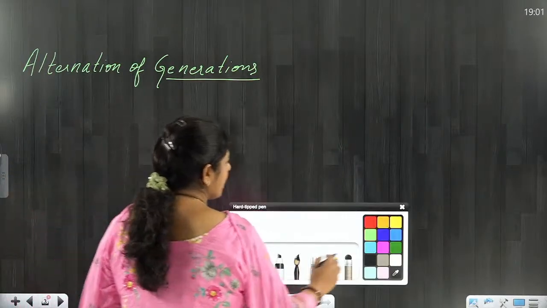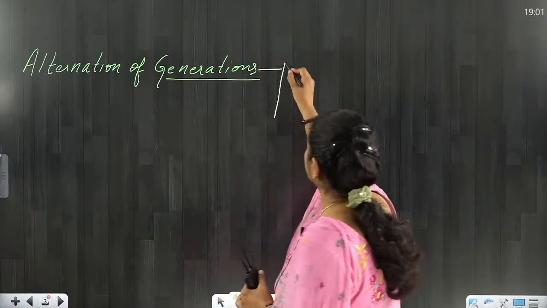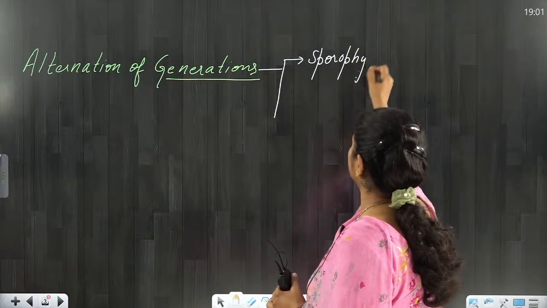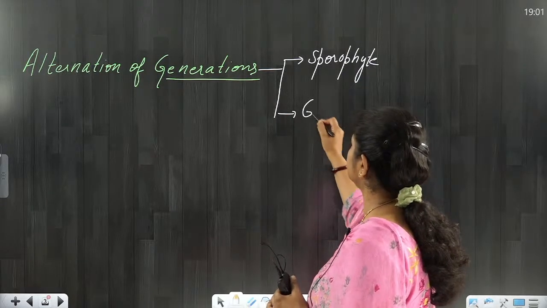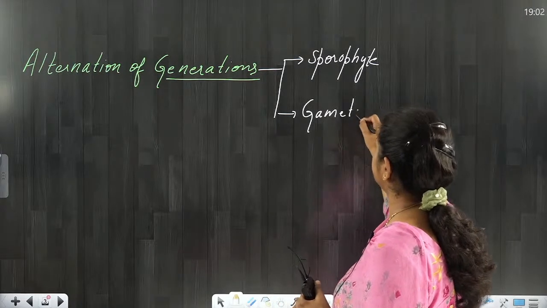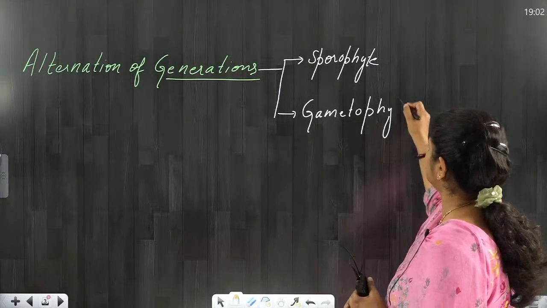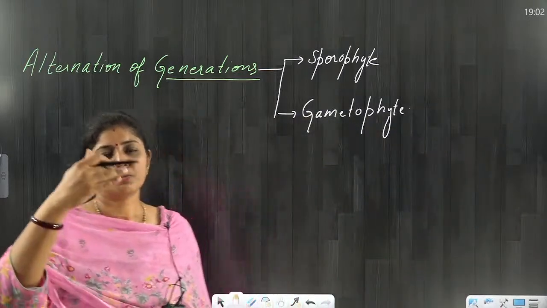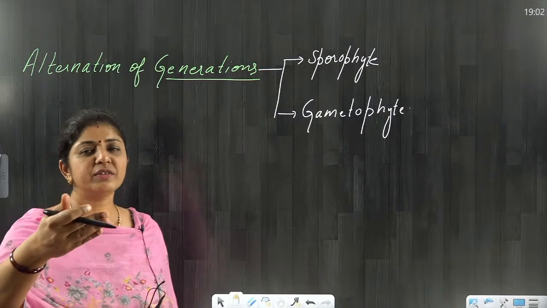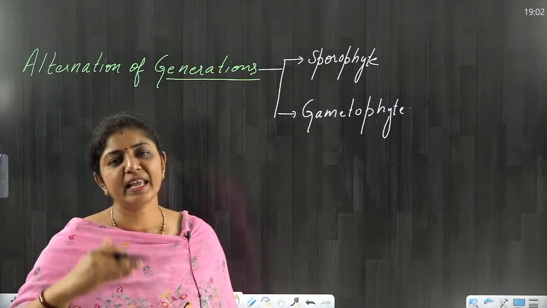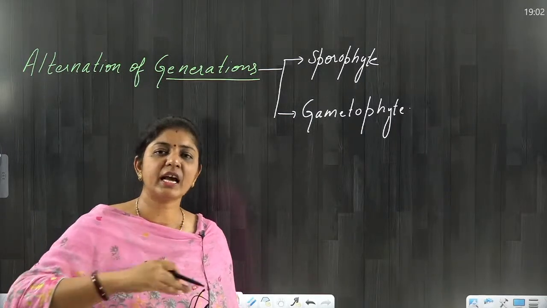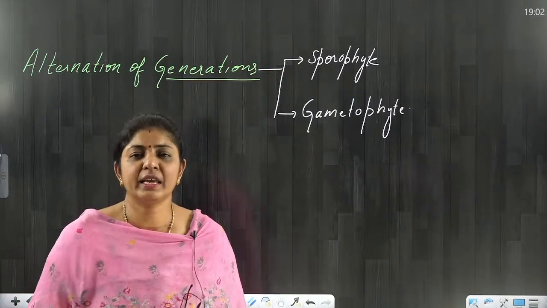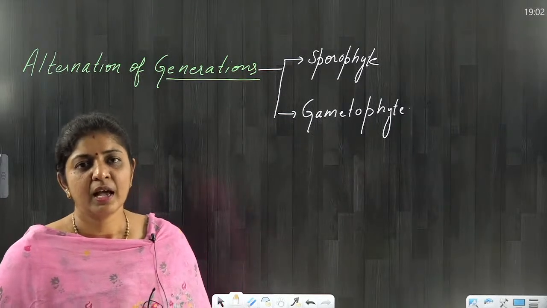We are talking about the sporophyte and the gametophyte, right? Alternation means change. Sporophyte or sporophytic generation changes into the gametophytic, and gametophytic, if it is starting with, has to change into sporophytic and keep on making a cycle in case of the plants.